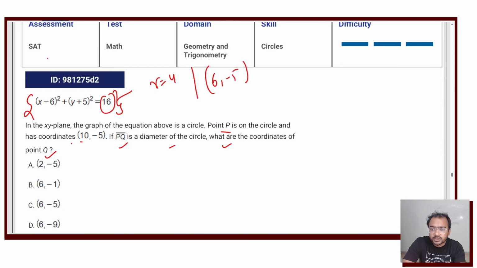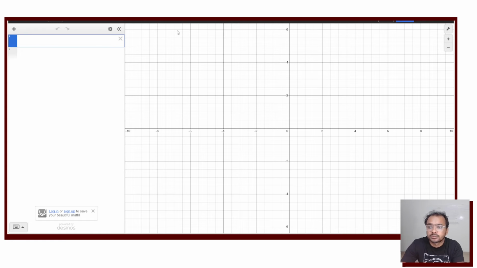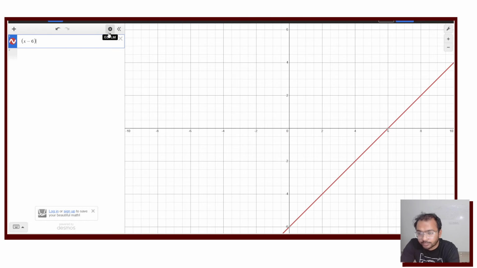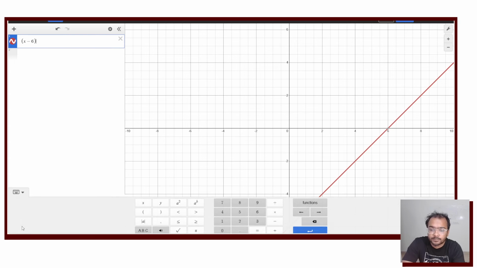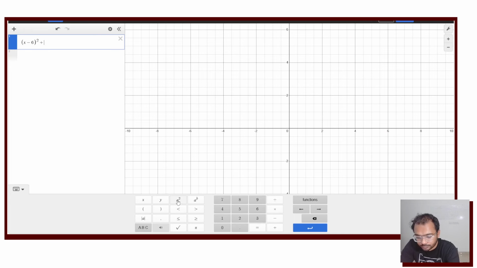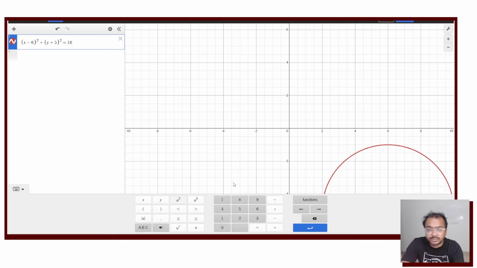Okay, let's put it again. So x minus 6 whole square plus y plus 5 whole square equal 16.